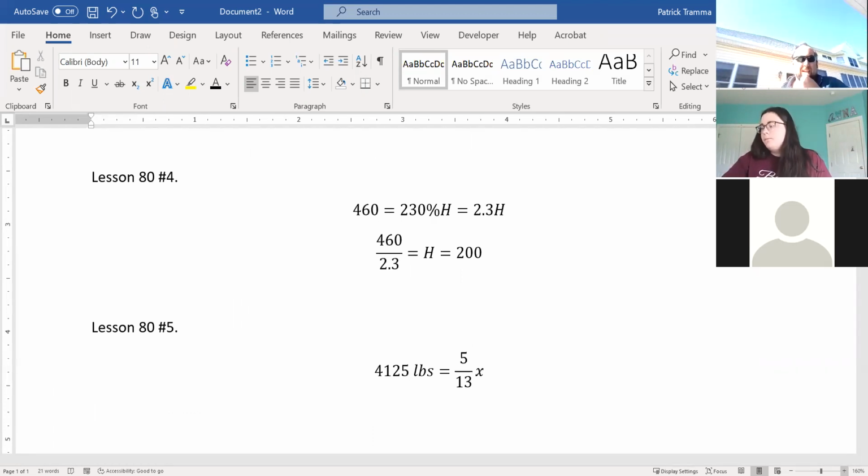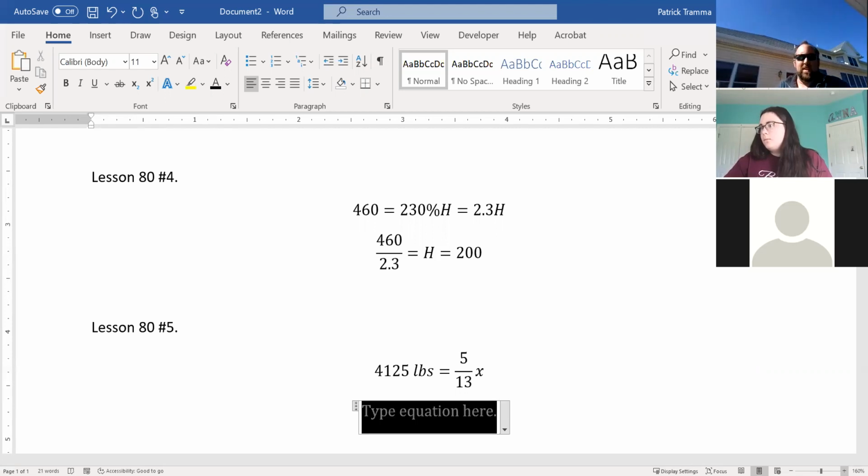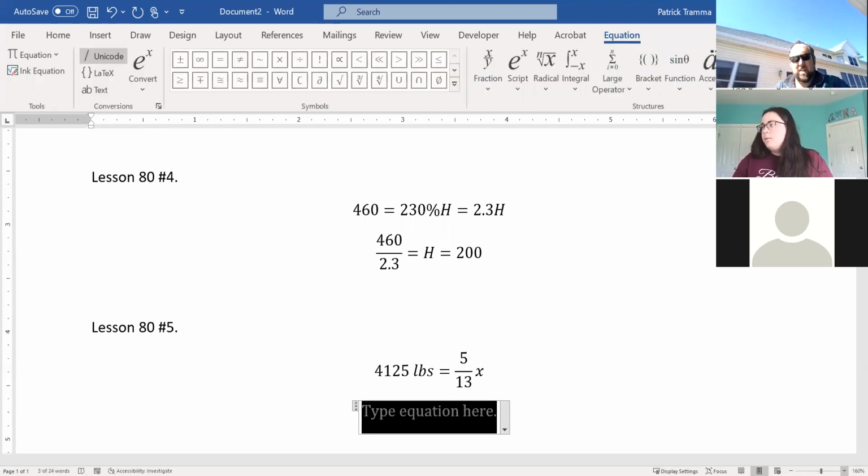Okay, cool. And so then what do you get? How do you solve this? Do you just have to do it like an equation with both sides?